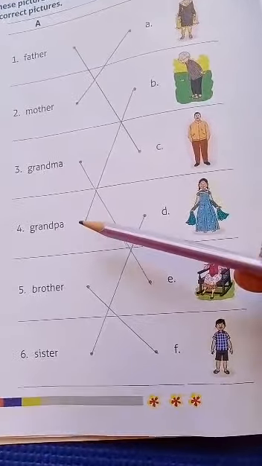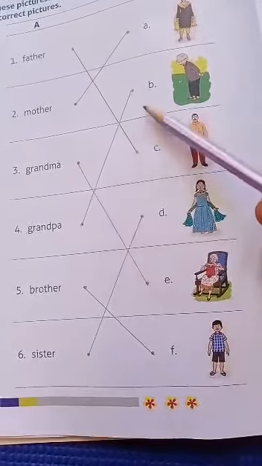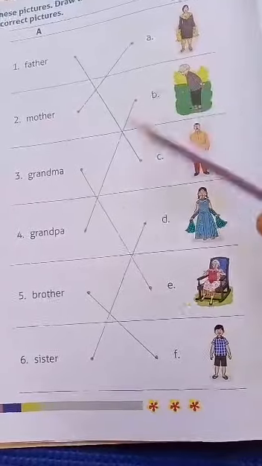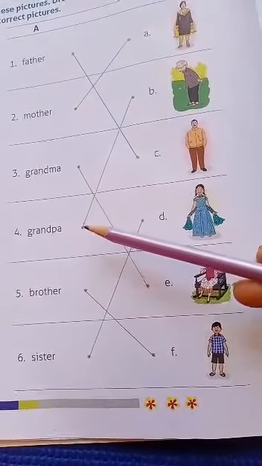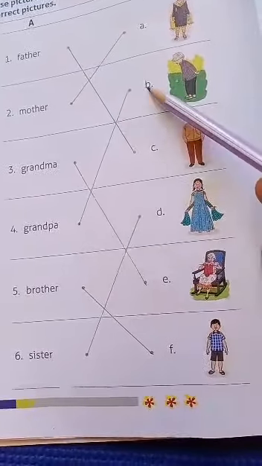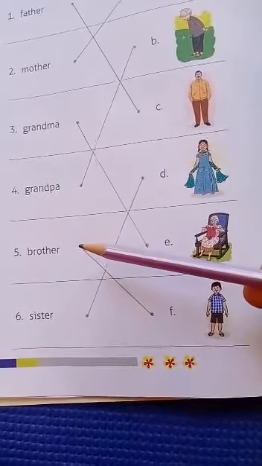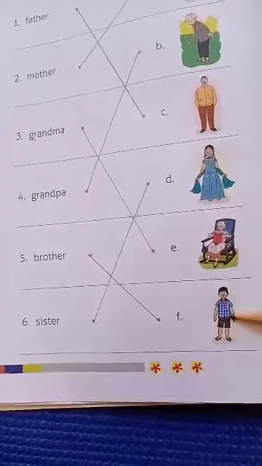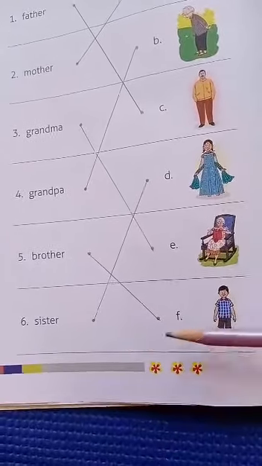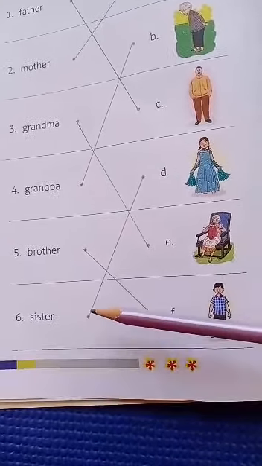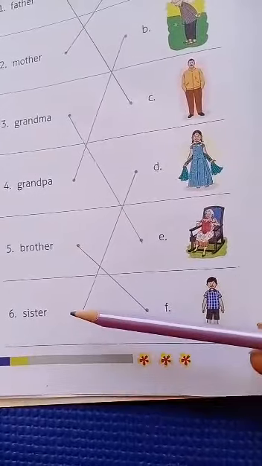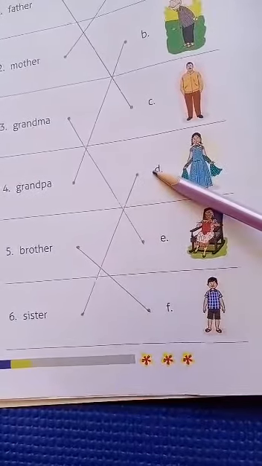Same as number 4, grandpa. You can see grandpa is standing here. You have to match the spelling of grandpa with the picture. Number 5 is brother. You have to match with the picture of brother. And last one is sister. You have to match the name with the picture.